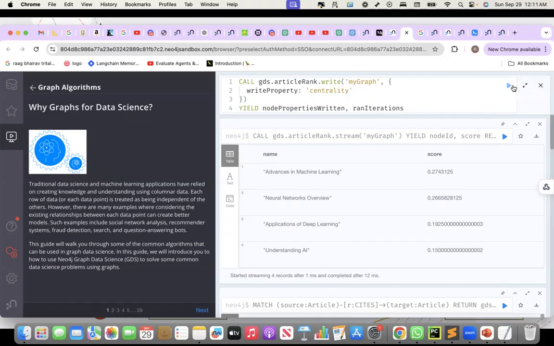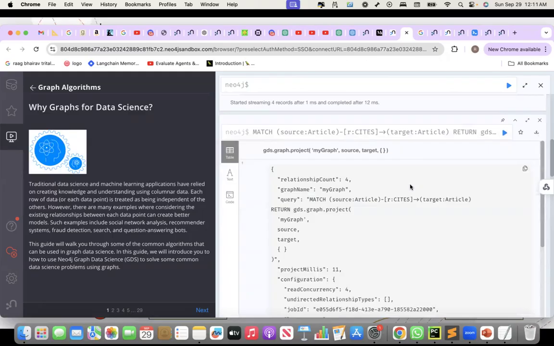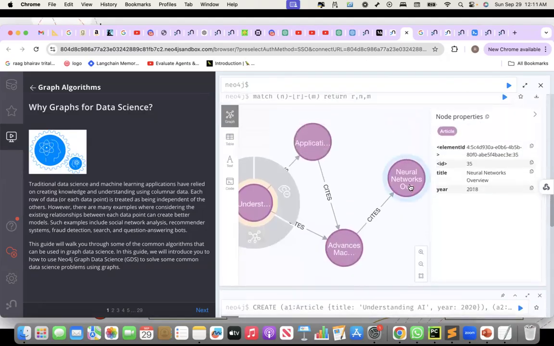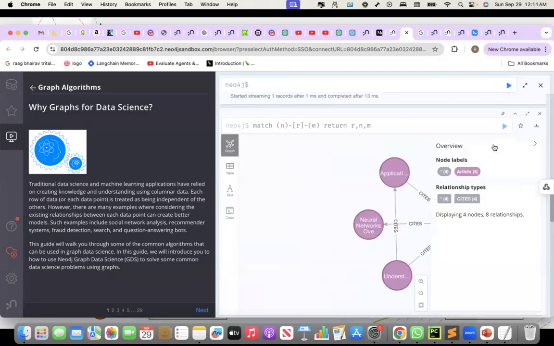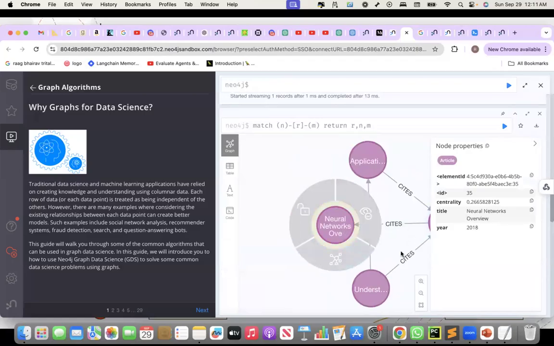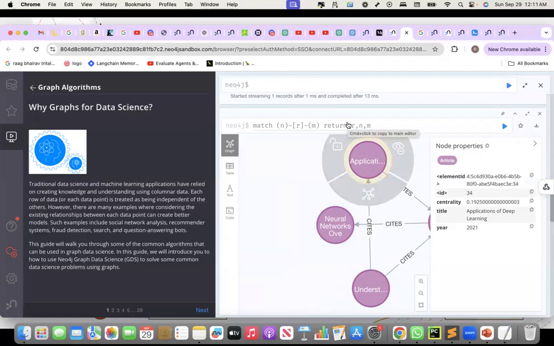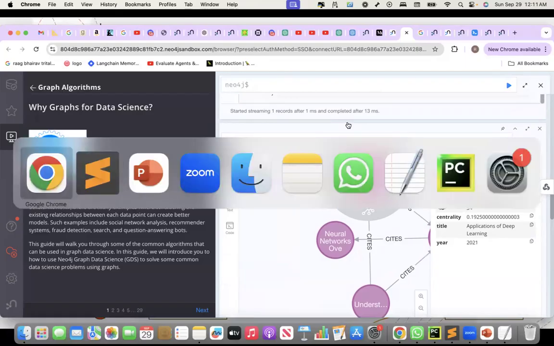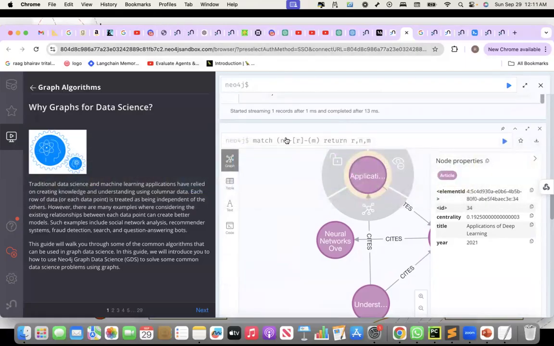If I run this again now, you'll see there is a centrality property that has been written in the database. And the other is mutate. When you say mutate, the property will be written in the in-memory graph. So that's how the article rank algorithm works.